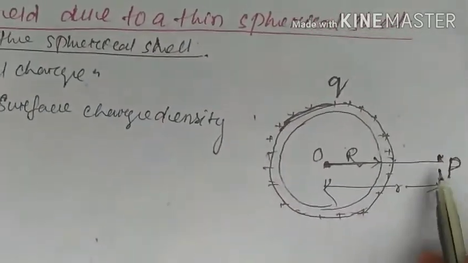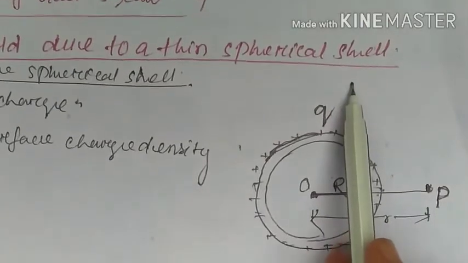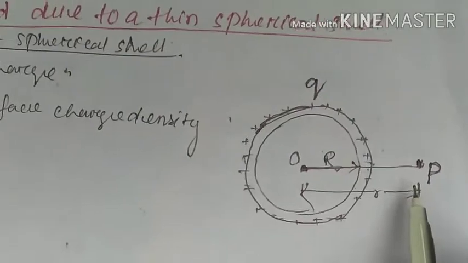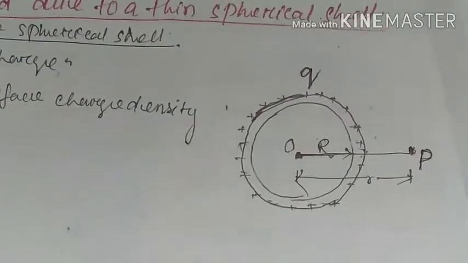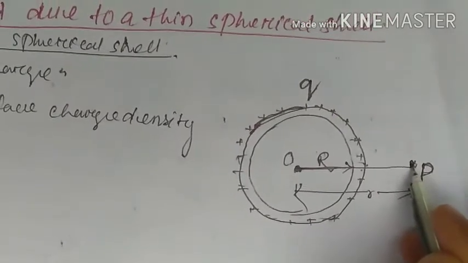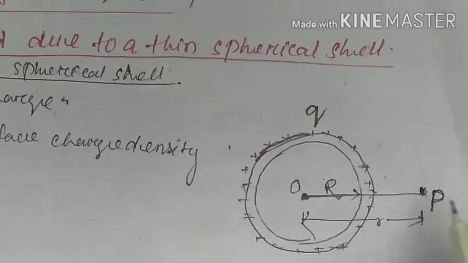Then to calculate the electric field using Gauss's law, we have to choose a Gaussian surface. How will we choose it? Such that we get symmetry and satisfy two properties.